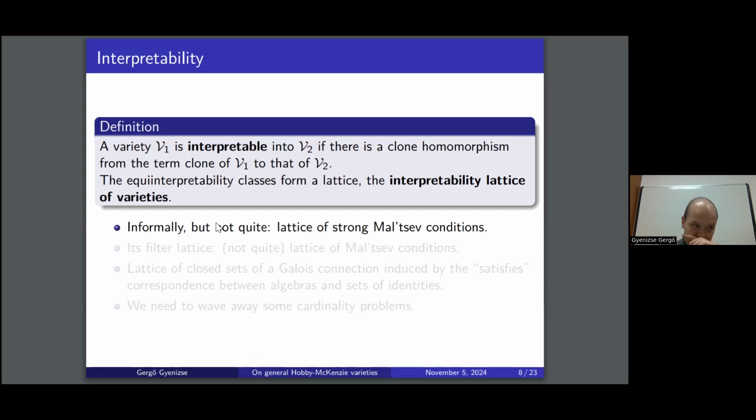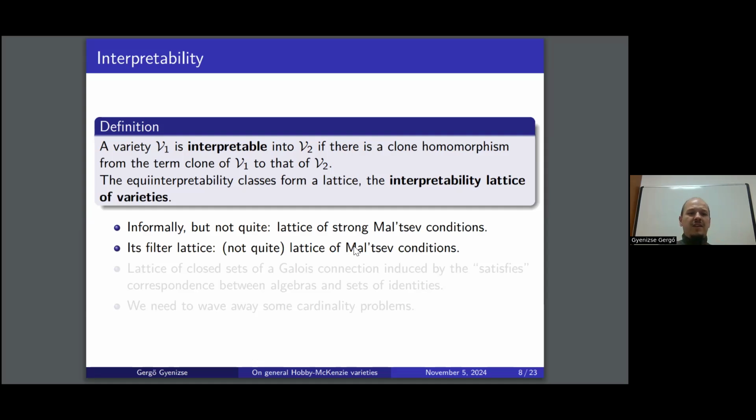If we want general Mal'cev conditions also, then instead of the interpretability lattice, we can take its filter lattice. So strong Mal'cev conditions are characterized by a finite set of identities, and general Mal'cev conditions are a union of a descending chain of Mal'cev conditions.